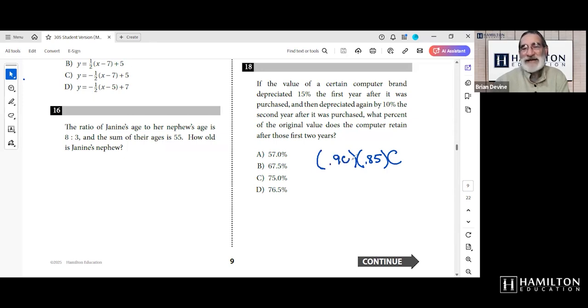So it's now worth 90% of 85% of the original price. And if I take the product of these, I get 0.765 times C. So it retained 76.5% of its original price. D is the correct answer.